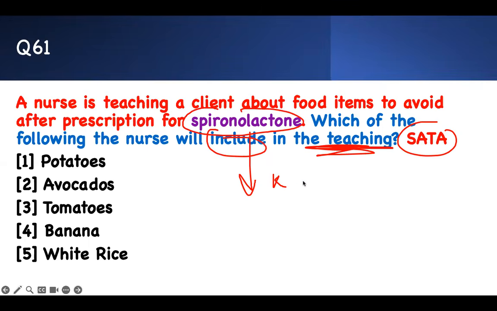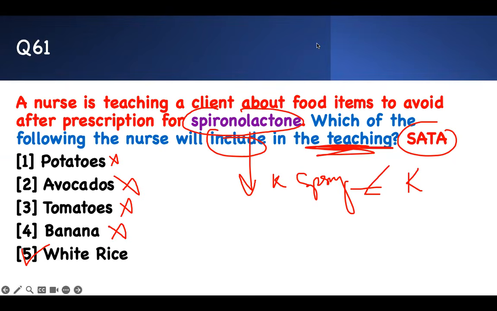Spironolactone is K sparing. That means I'm sparing potassium. Therefore, I don't want any more K. Potato, high in K. Avocado, high in K. Tomato, high in K. Banana, high in K. Rice, nothing. So this is the only thing you can eat. Avoid all those other things.